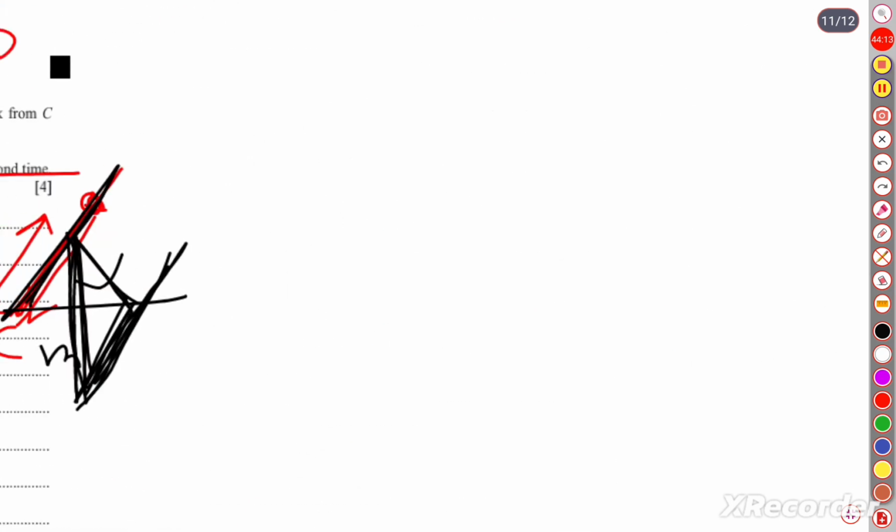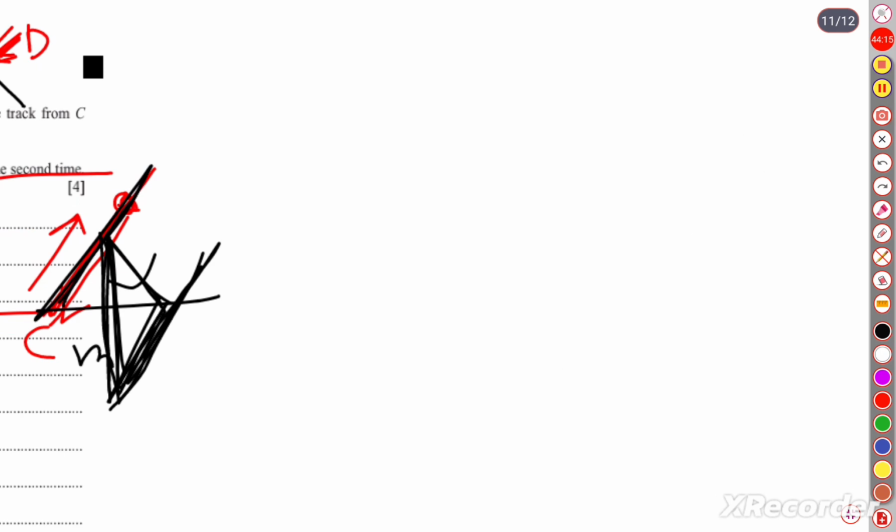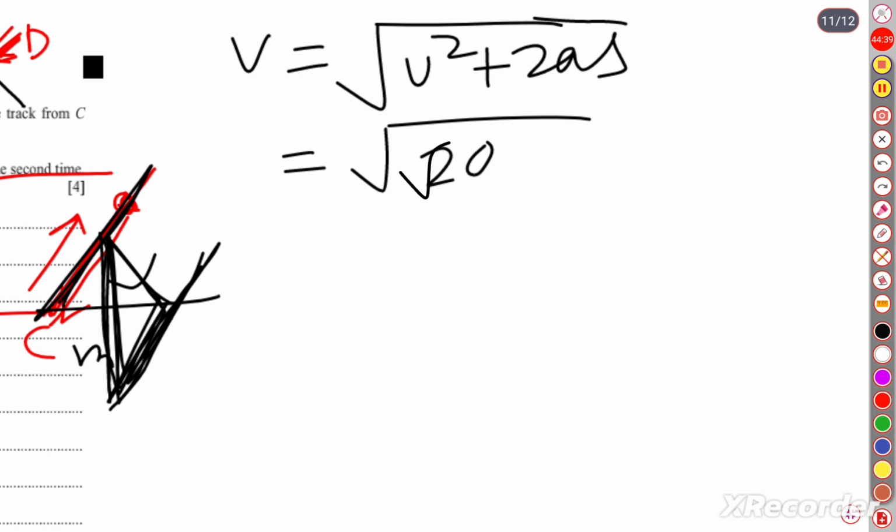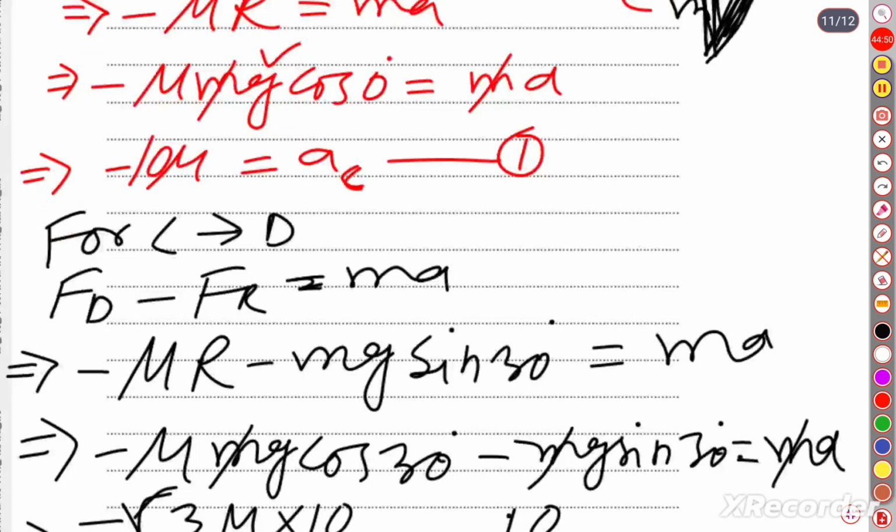So let us apply the same concept. V is equal to square root over u square plus 2as. Well, it is going to be the initial velocity from A. We have written that this is square root over 20. So it was square root over 20 square plus 2 into acceleration. We got the acceleration as this.